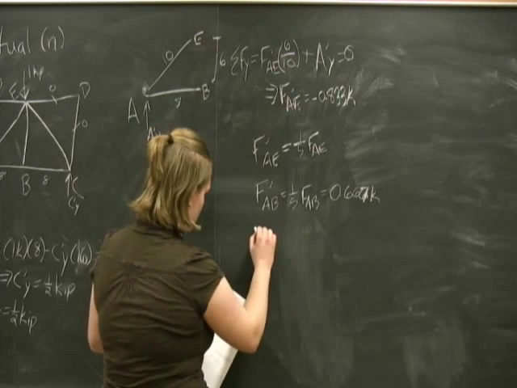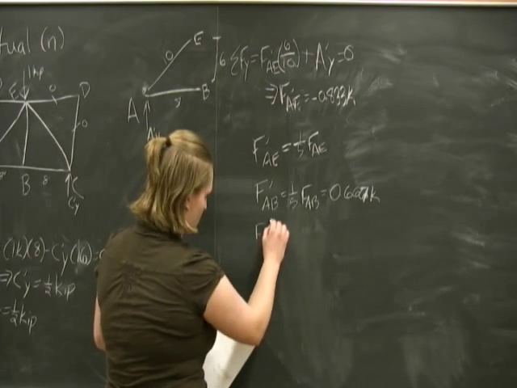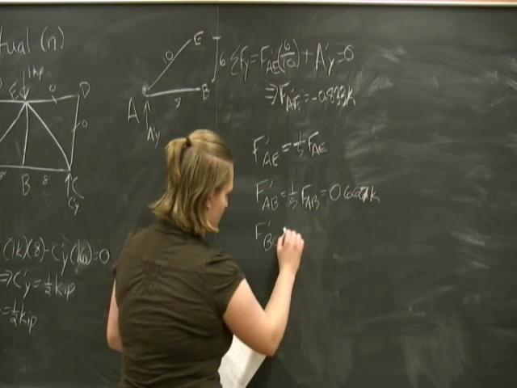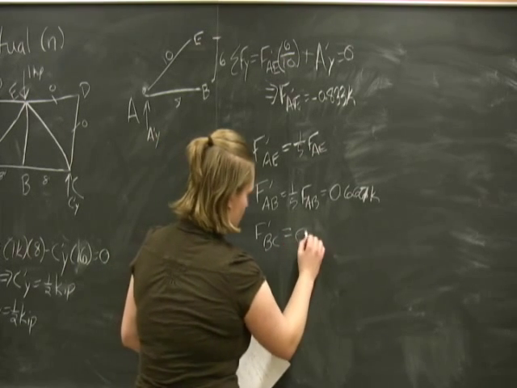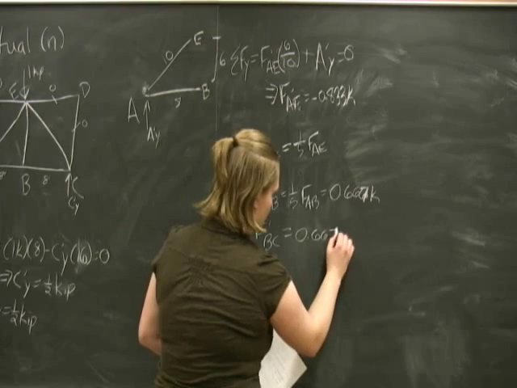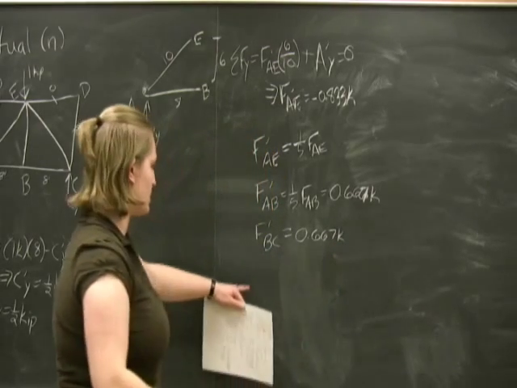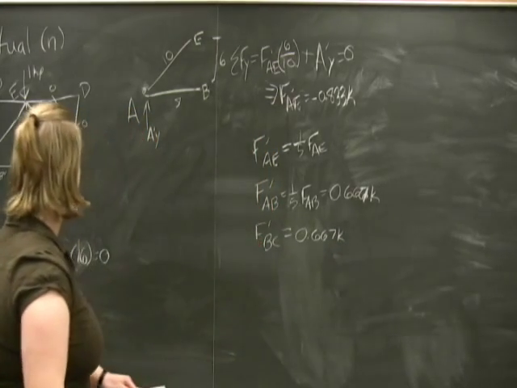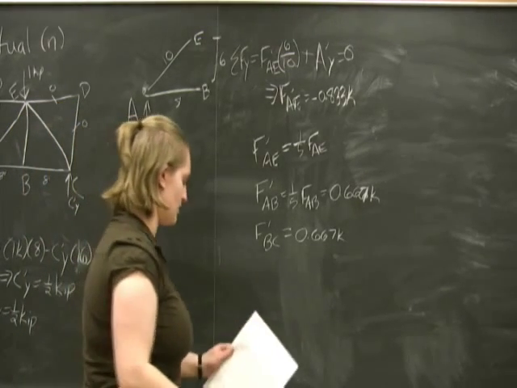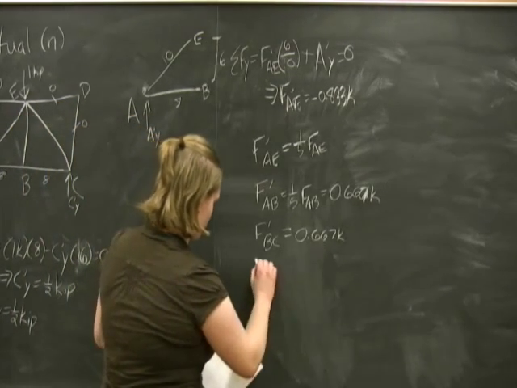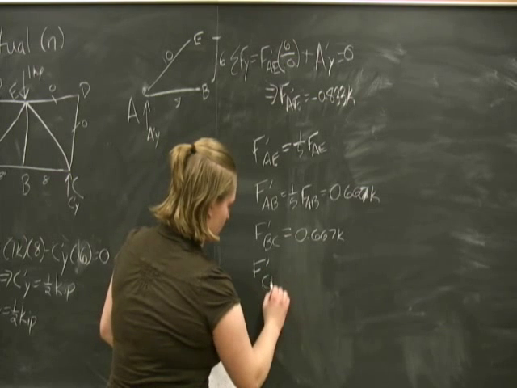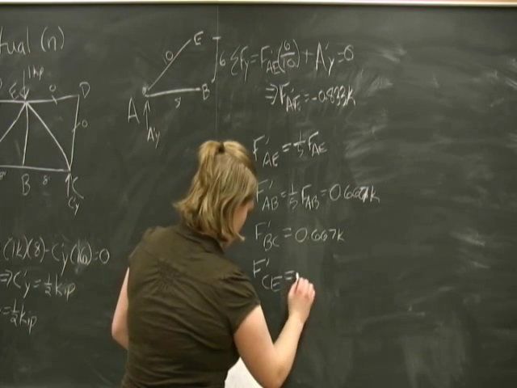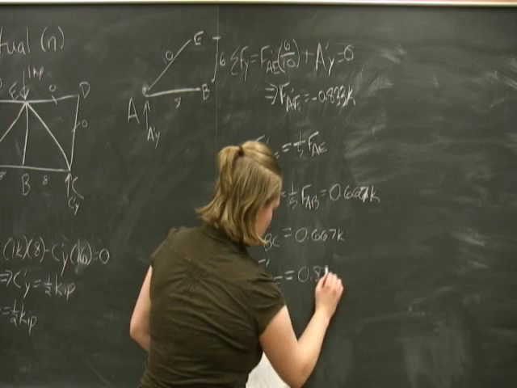Also from that, we can keep going and say that the virtual force of BC equals 0.667, which is also using symmetry because BC is symmetric to AB. And same goes for the virtual force at CE, which will equal 0.833.